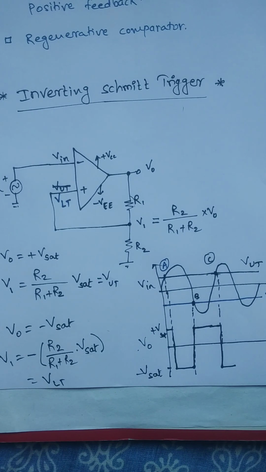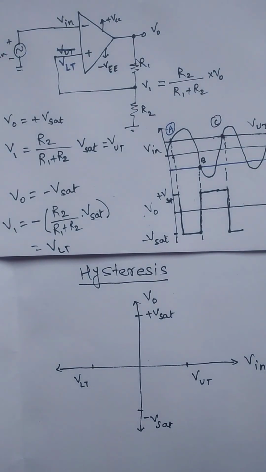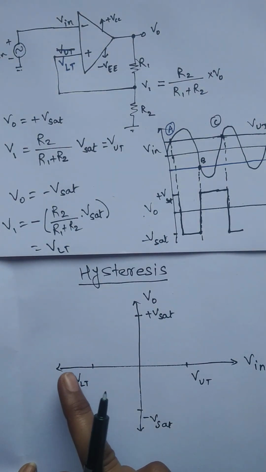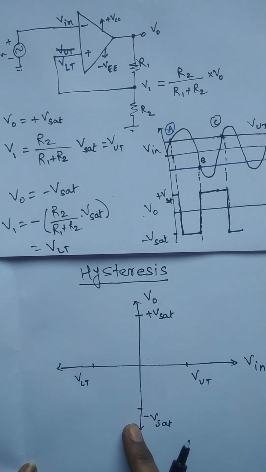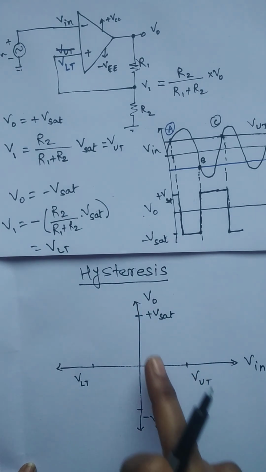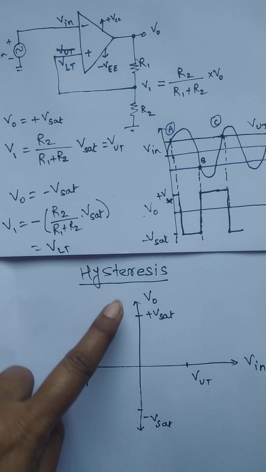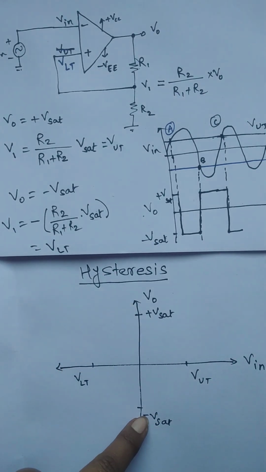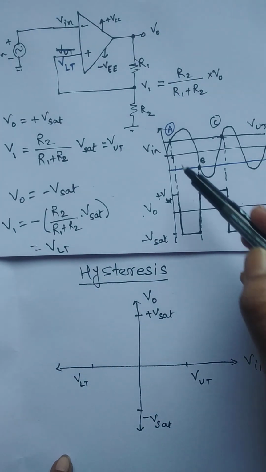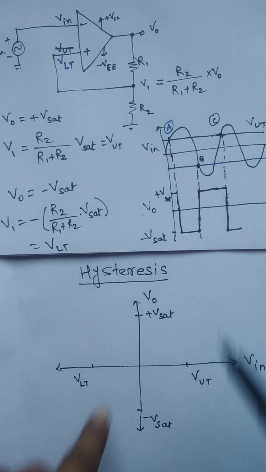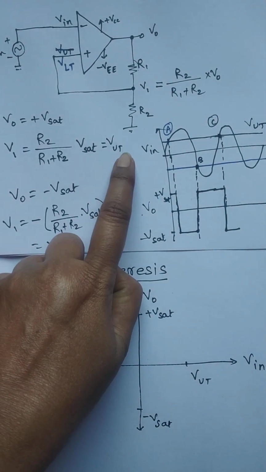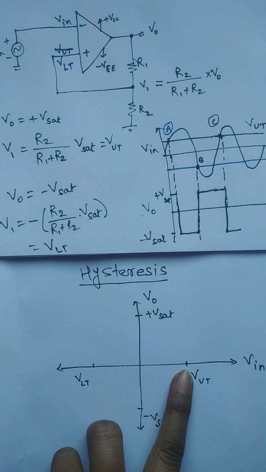Let us move towards the meaning of hysteresis in this case. Hysteresis is the graph which can be drawn between V input versus V output. V output we are getting as plus Vsat and minus Vsat, and as we are increasing the V input, we are getting two points, VUT and VLT, that I have shown here.